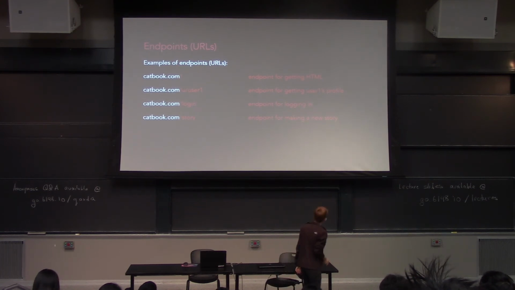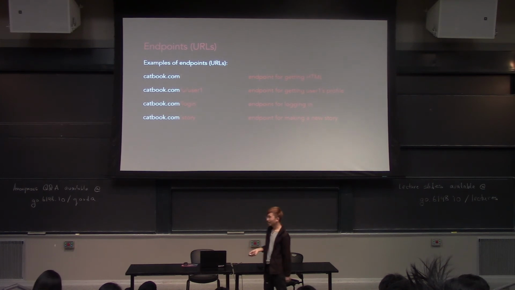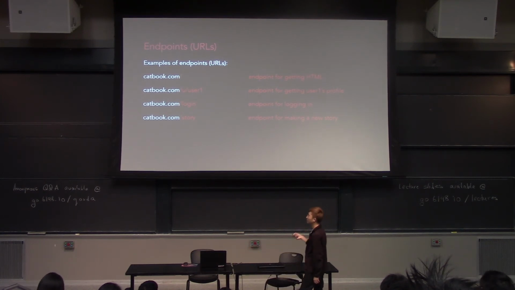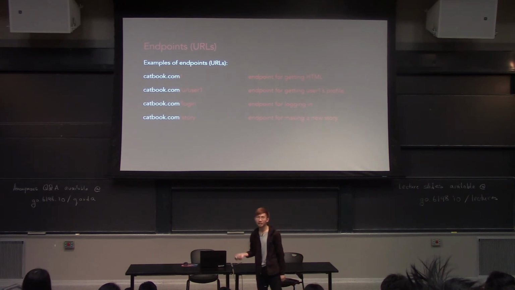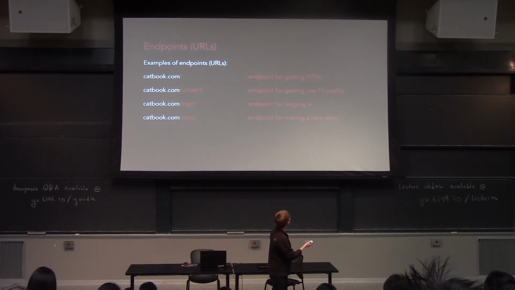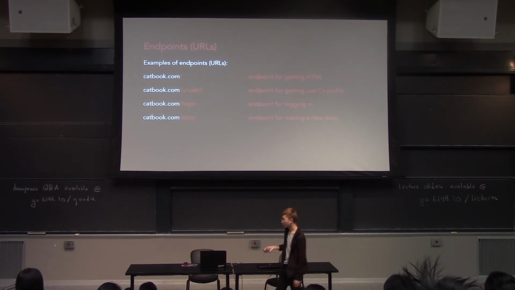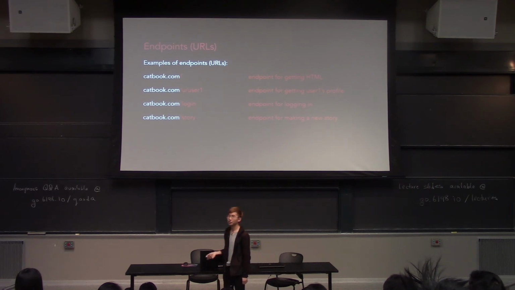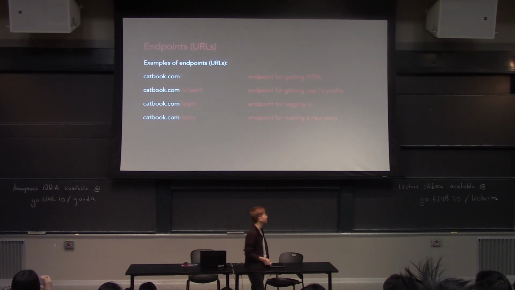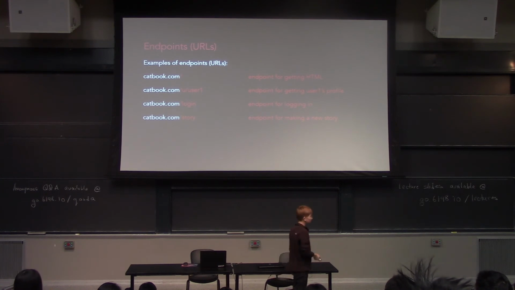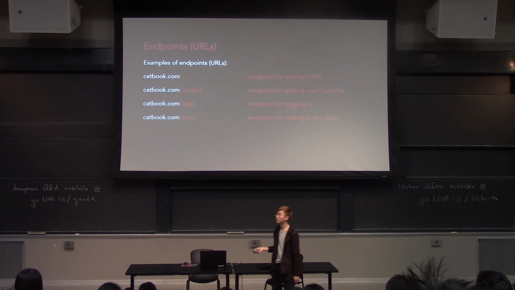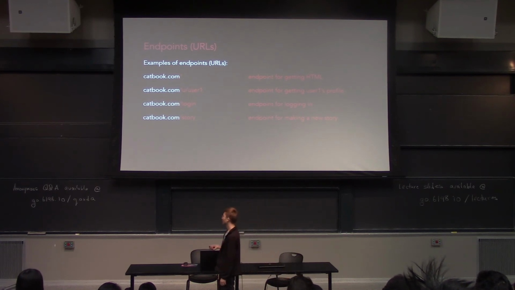For the second example, catbook.com/u/user1, this is the endpoint that you would make a GET request to if you wanted to retrieve the information from user 1's profile. catbook.com/login is probably an endpoint that you would make a POST request to when you want to log in on the website. And similarly, catbook.com/story could be an endpoint that you make a POST request to when you want to make a new story.